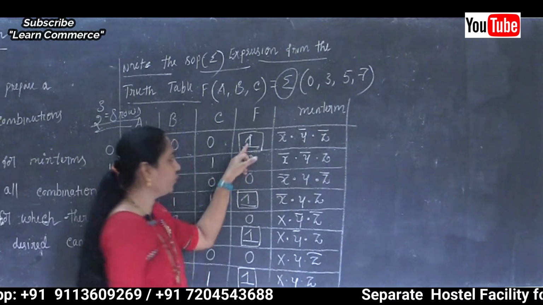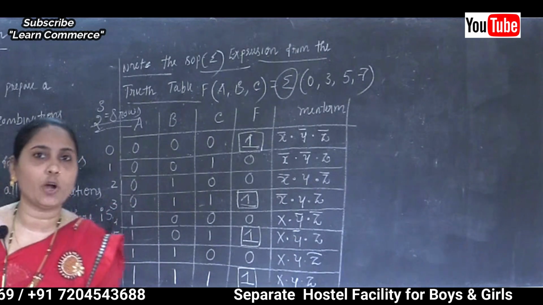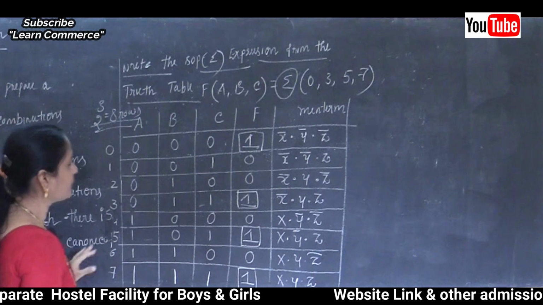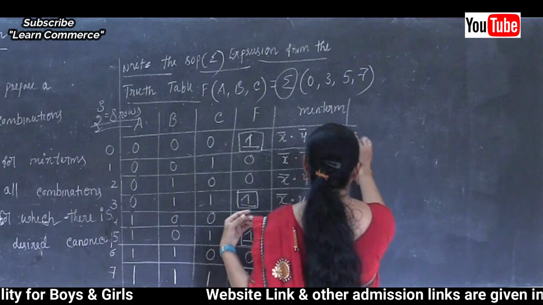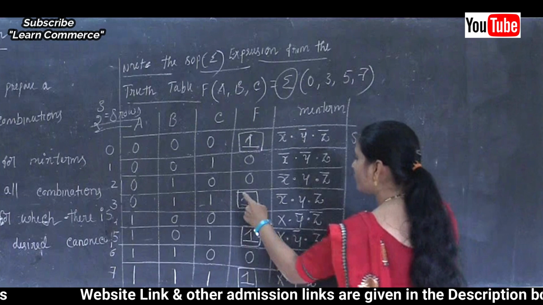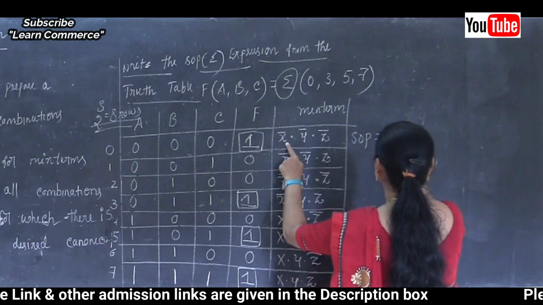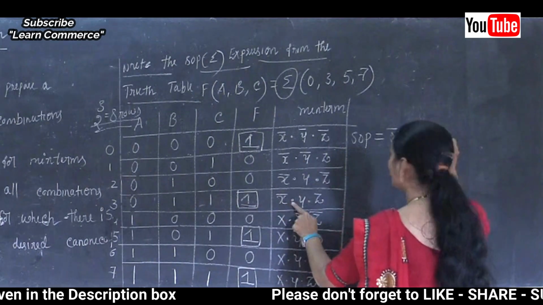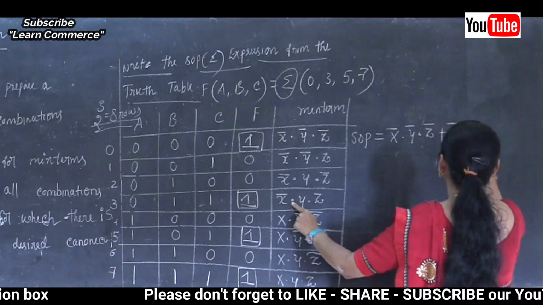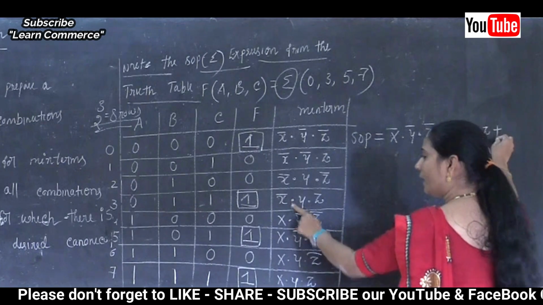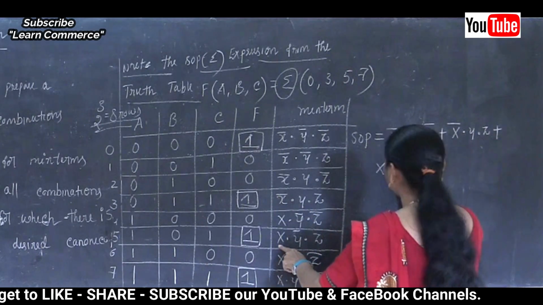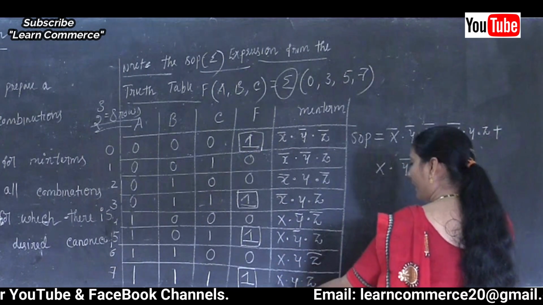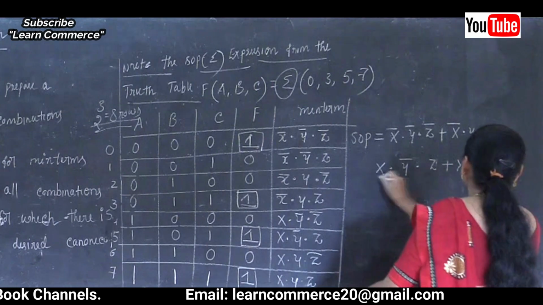Now, we know that adding all the terms for which the output is 1 gives the desired canonical expression, the SOP form. So SOP is equal to complement x complement y complement z plus complement x y z plus x complement y z plus x y z.